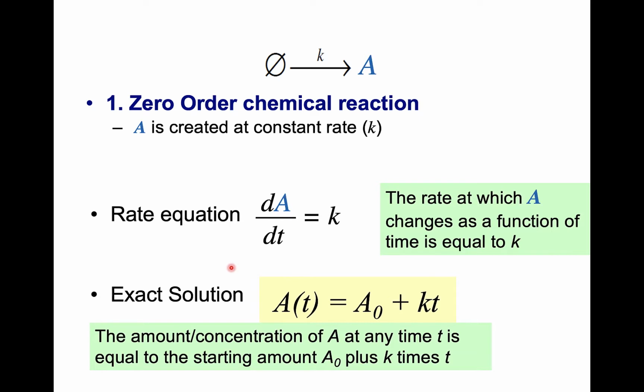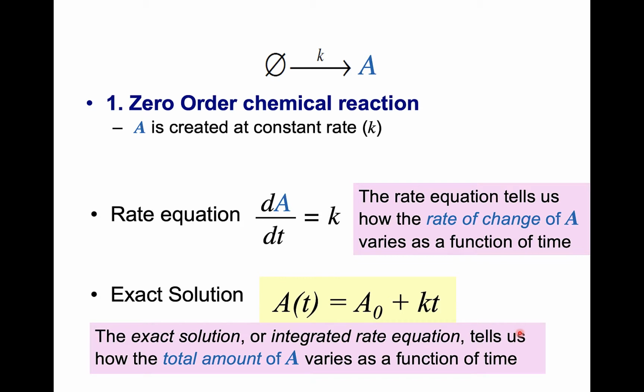And the exact solution that results, also known as the integrated rate equation, is as follows. A as a function of t equals A naught plus kt. Okay, what does this mean? The amount or concentration of A at any time t, that's this part here, is equal to the starting amount, A naught, plus K times t.